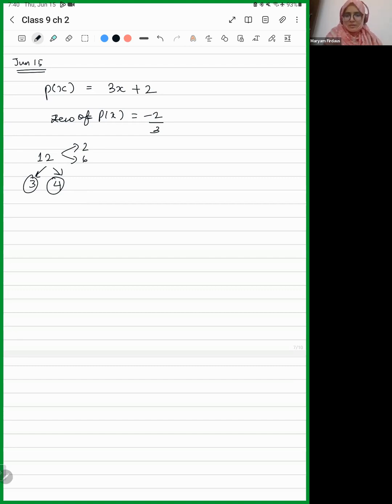Okay, fine. Let's see the polynomial x square plus 5x plus 6. Okay, this is p of x.